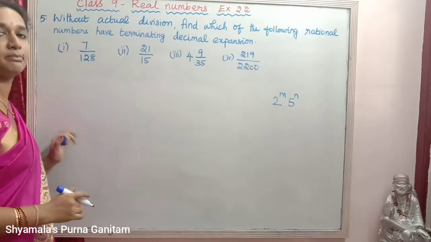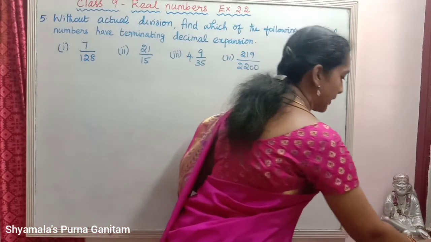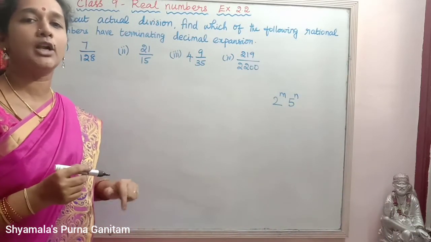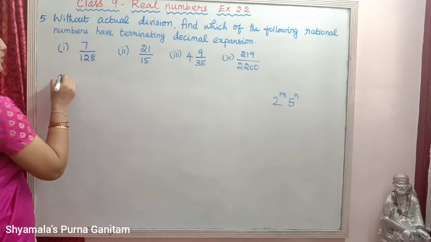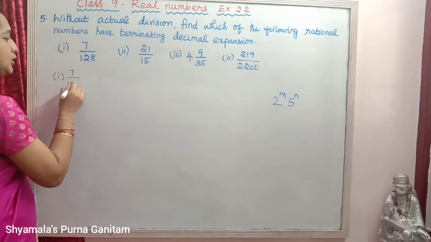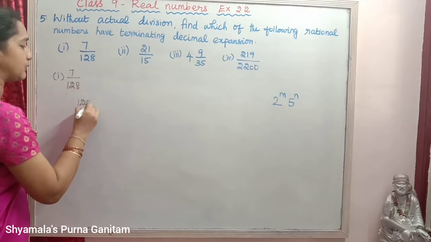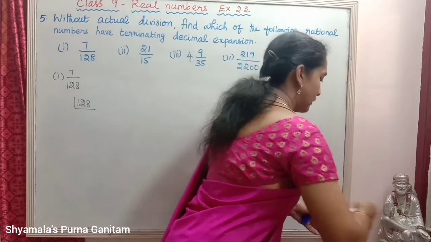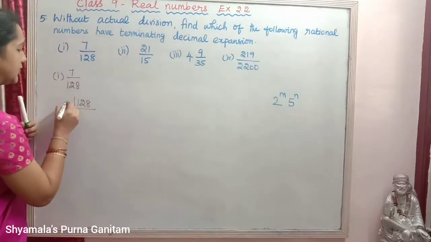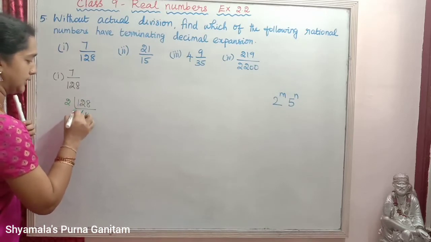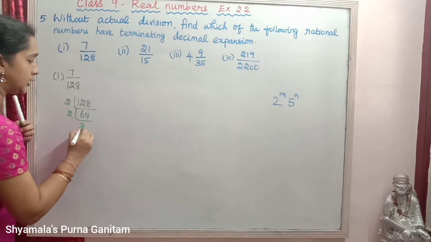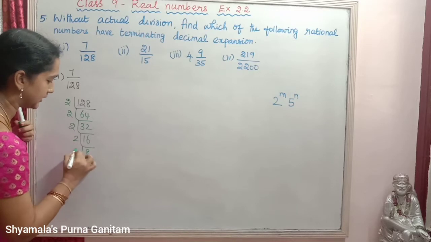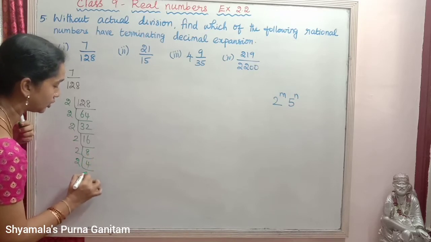The first sum is 7 by 128. Here 7 is a prime number. For 128, we will find the factors first. 2 into 64 is 128, then 2 into 32, then 2 into 16, then 2 eights, then 2 fours and 2 twos.